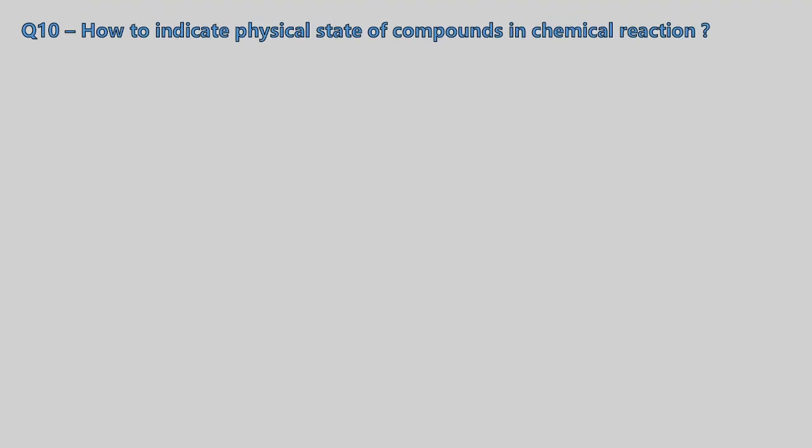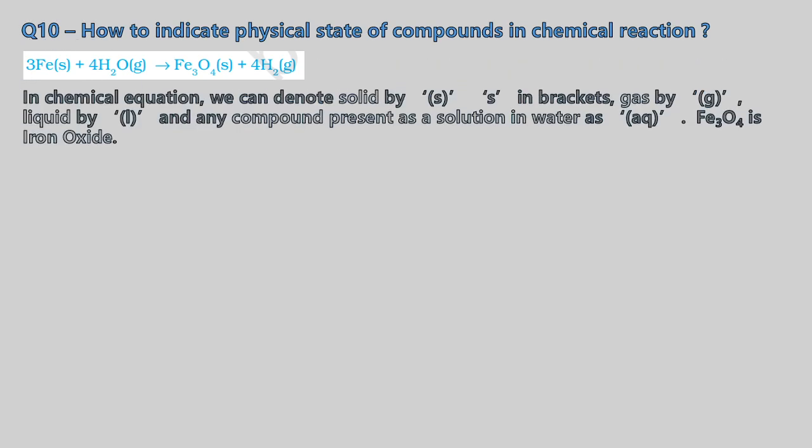How to indicate the physical state of a compound in a chemical reaction? You can denote the physical state by brackets. (s) means solid, (g) means gas, (l) means liquid, and any compound which is present as a solution in water can be represented by (aq), which is aqueous. In the above equation, 3Fe, which is iron, is solid, so we have put (s).